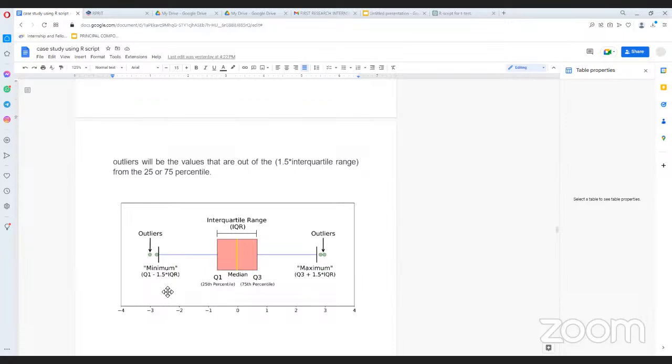In case of minimum side, this is the Q1 side, Q1 minus interquartile range into 1.5. So if there is any value, that will be the outlier. But in this case, Q3 plus 1.5 into IQR, then that will be the plus range outlier.